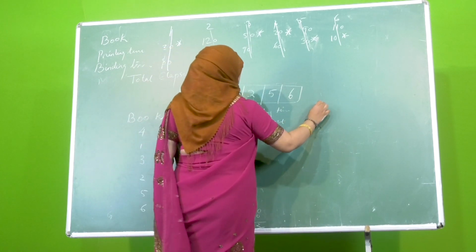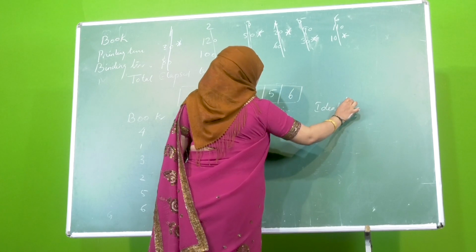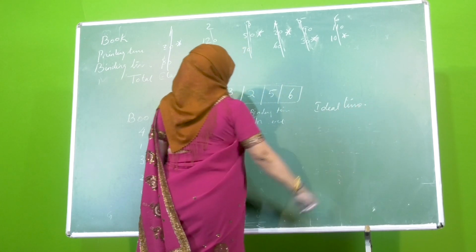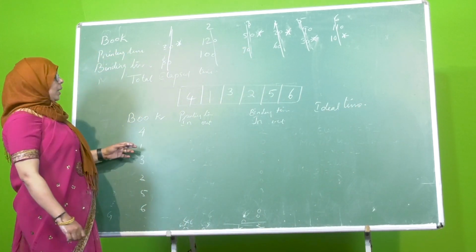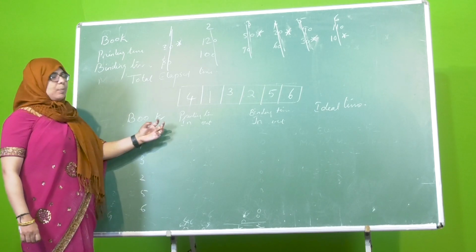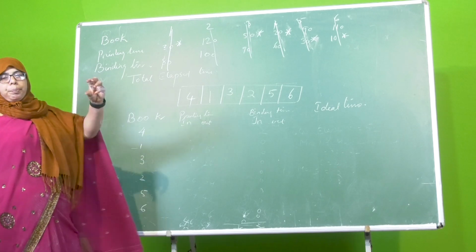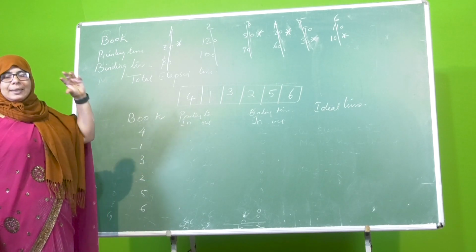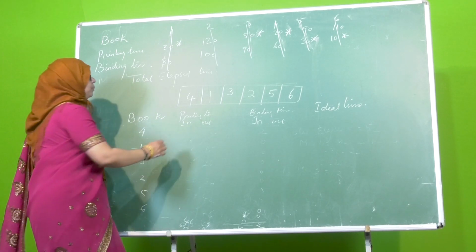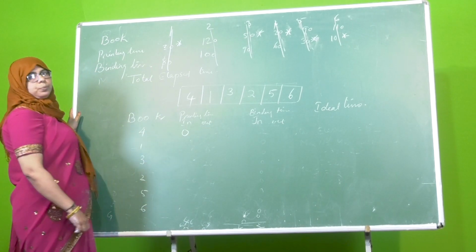Now, ideal time. Okay. So, what I told, what is the input value of the printing time? What I said, before we start the work, the initial time value is 0.